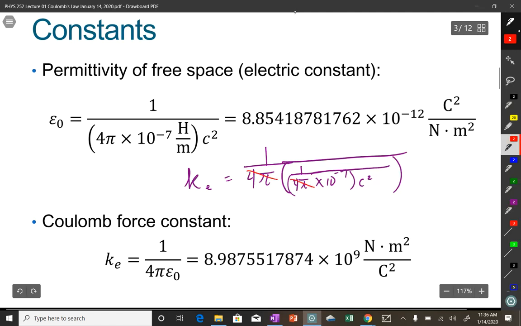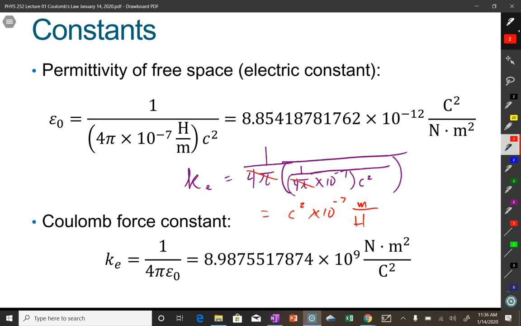Okay. And 1 over that means that it's equal to c squared times 10 to the minus 7. And then you just have the unit correction, times meters per Henry. H is a Henry, which you haven't learned yet.